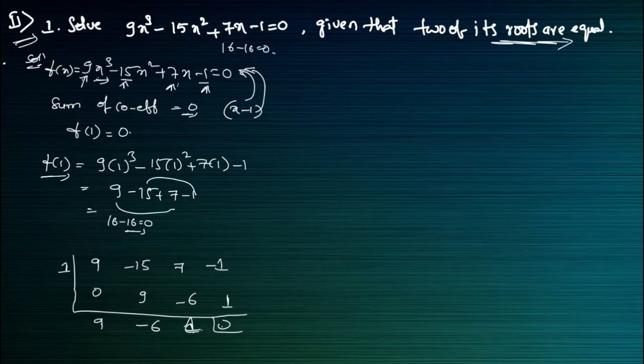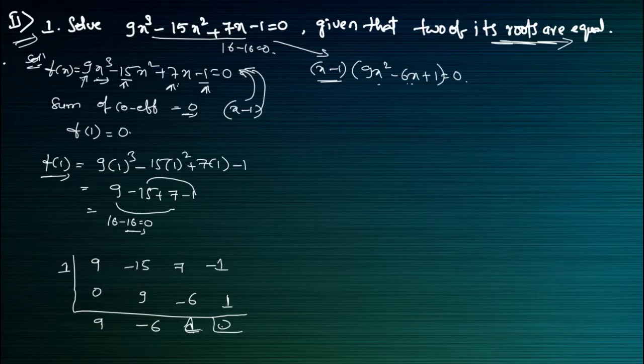So what we are getting is 9x square minus 6x plus 1 is equal to 0, along with x minus 1. Now we can factorize this.